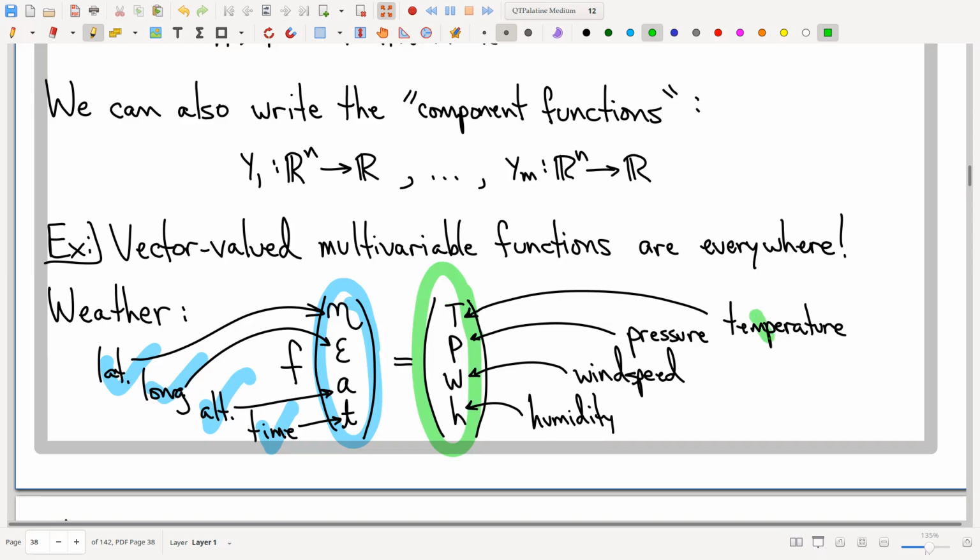Well, we can talk about the temperature, the pressure, the wind speed, the humidity, etc. So when you're talking about the weather, the most trivial of water cooler conversations, you are talking about a multivariable, vector-valued function. Arguably, you're talking about a pretty sophisticated mathematical object. And that's just the weather.